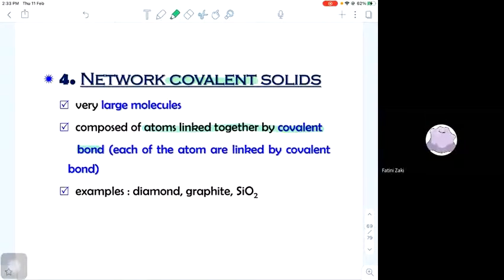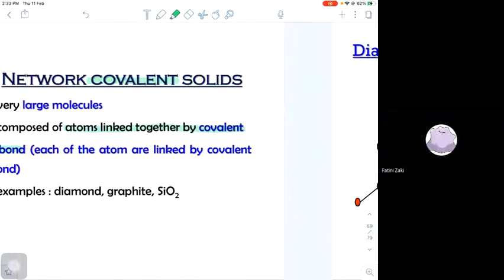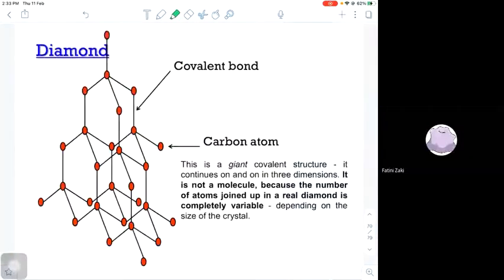So let's look at the diamond structure, and why it is known as a network covalent or giant covalent solid. One particle here consists of carbon. It is actually a carbon that is attached to 4 other neighbor carbons in a tetrahedral arrangement. See the arrangement?